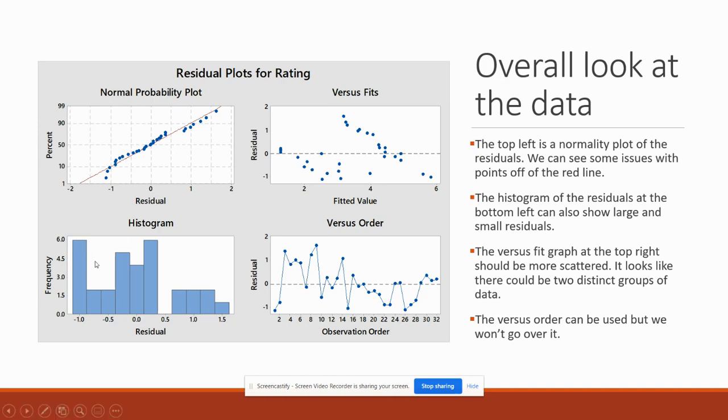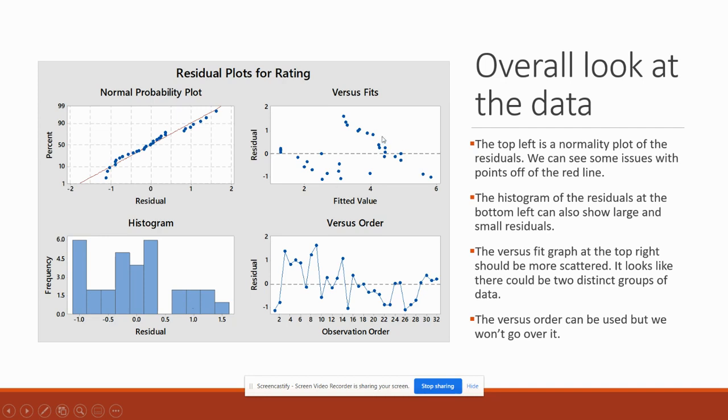Okay. So this one down here is a histogram of the residuals, and it's showing me how I have some large and small residuals. So like here I have a frequency of 6, which is -1 residual. So remember, that's that distance from the line to the actual point. And I do have some positive residuals over here.